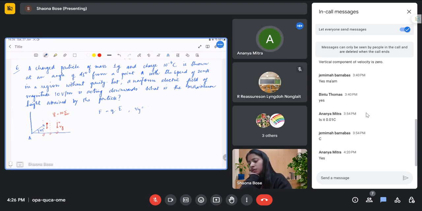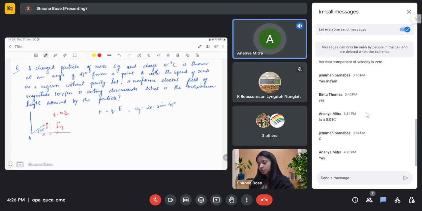Okay, you mean 20 into sine 45 degrees? Yes. Equal to 20 by root 2 meter per second.